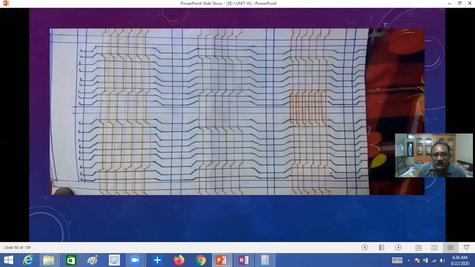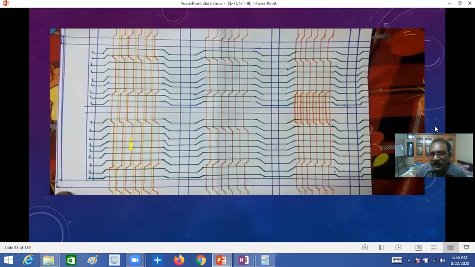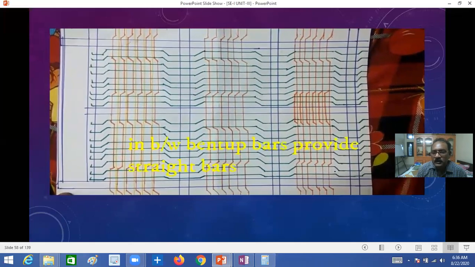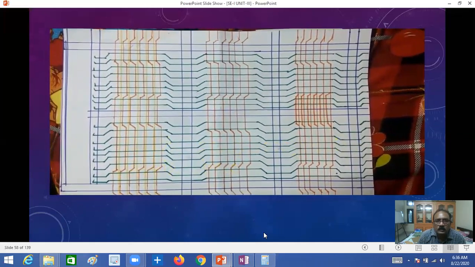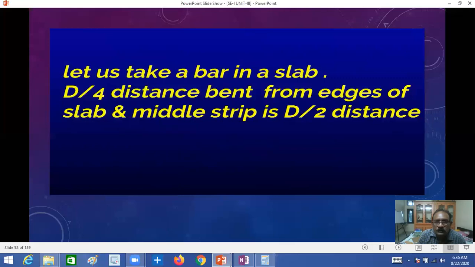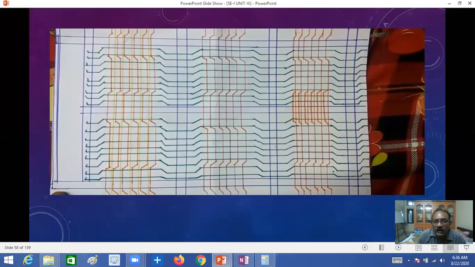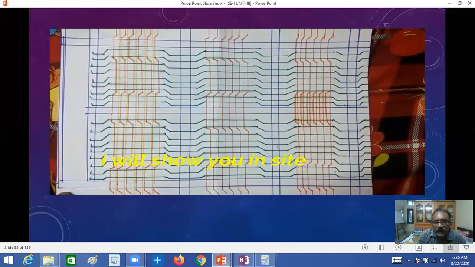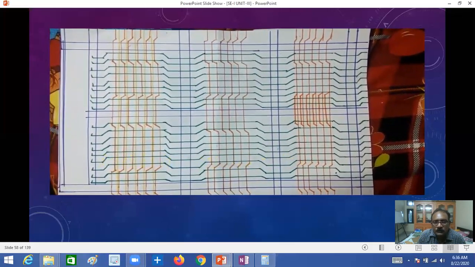You observe this video, you will understand clearly what is two-way slab and what is one-way slab. Bend up will be taken at one-fourth of your slab.